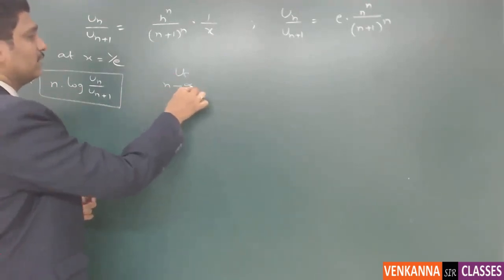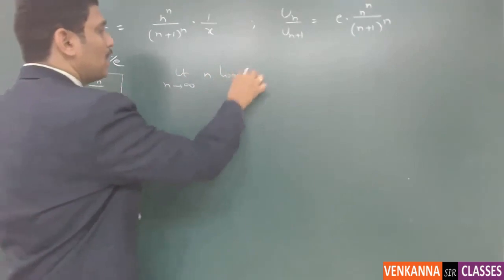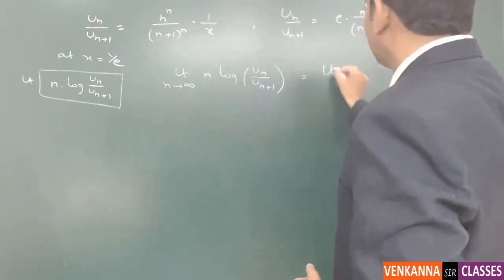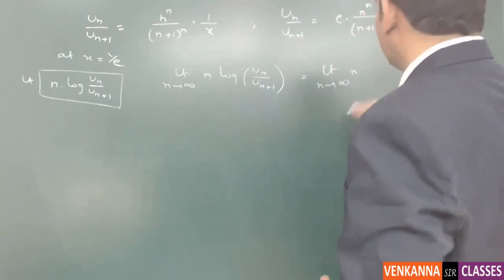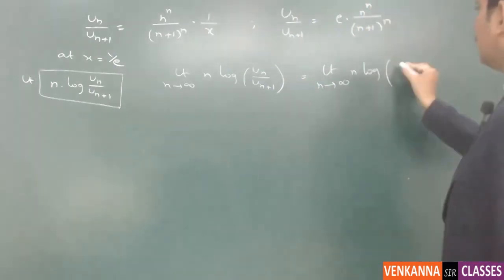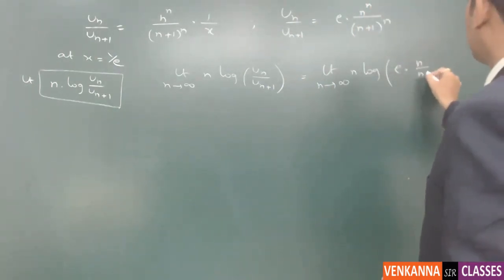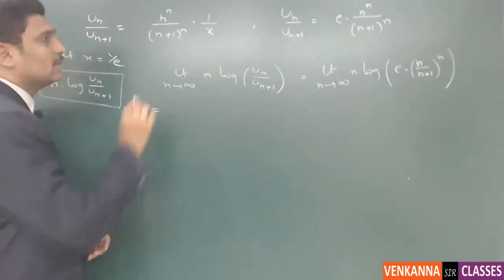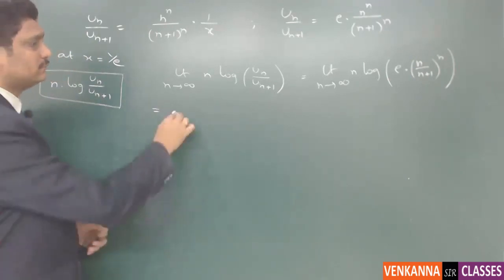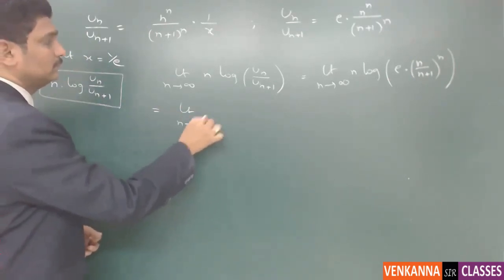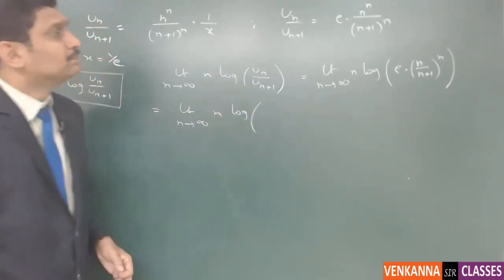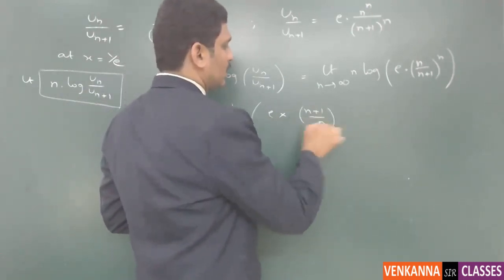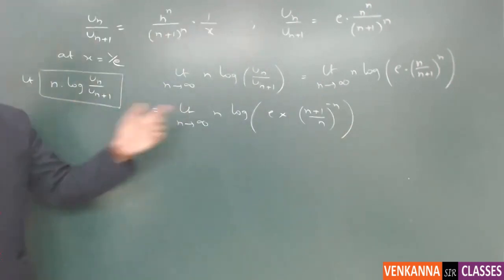Limit n tends to infinity n into log of un by un plus 1 is equal to limit n tends to infinity n into log of e into (n by (n plus 1)) whole power n, this value equals e into (n plus 1 by n) whole power minus n. Accepted?